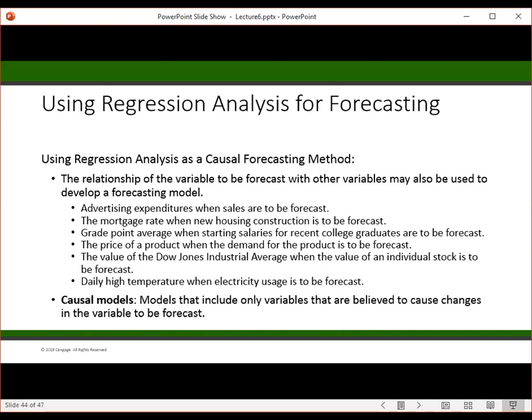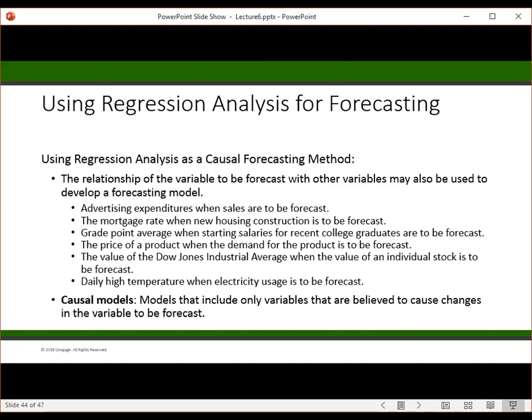The model does not provide evidence of a causal relationship between an independent variable and the dependent variable. And the conclusion that a causal relationship exists must be based on practical experience. So management thinks that X causes Y, and this association we find confirms their belief.